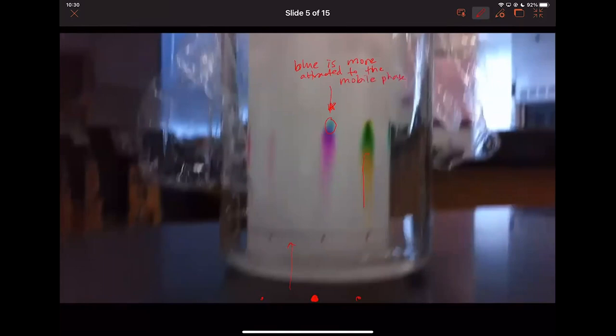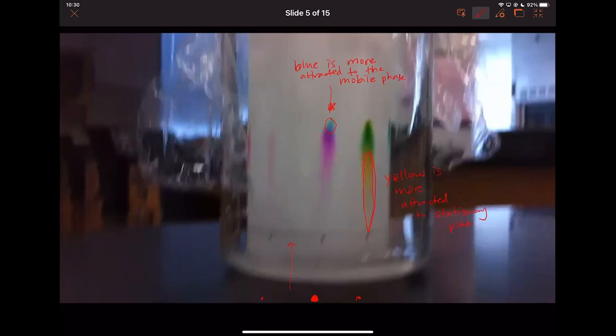And this compares to this yellow. The yellow ink is more attracted to the stationary phase. Why do I know that? Because it is basically staying put. It is staying put and it's kind of lagging behind, okay?